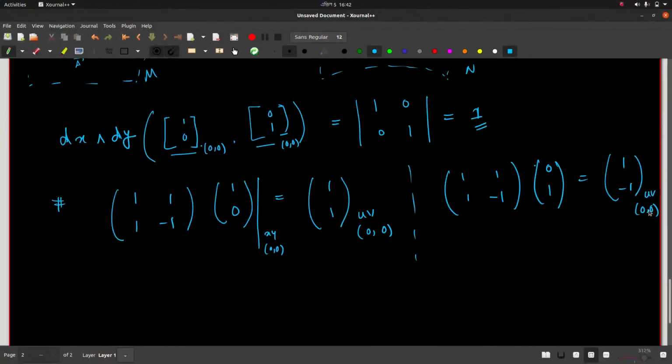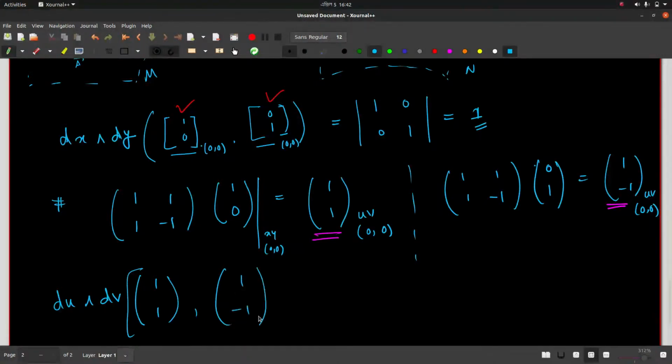Okay, now what do we do? You simply want to find out du wedged with dv, but now these forms will eat the vectors that are the pushed forward versions of these two guys. Okay, that means this one and this one. So this is just (1, 1) with (1, -1).